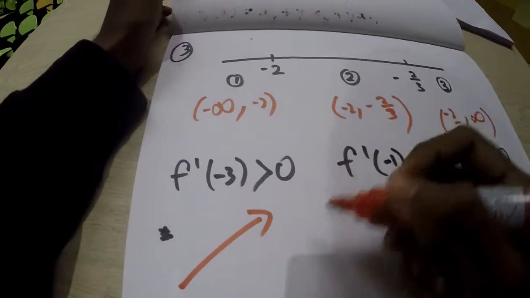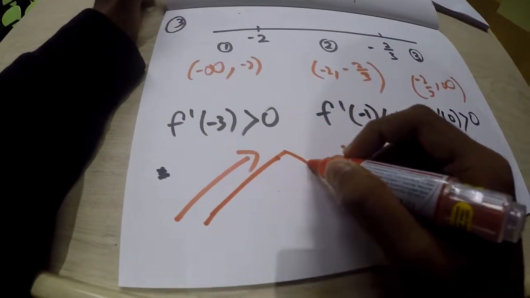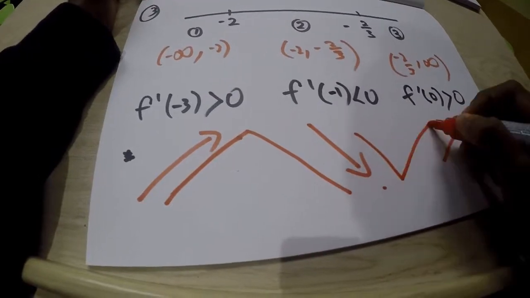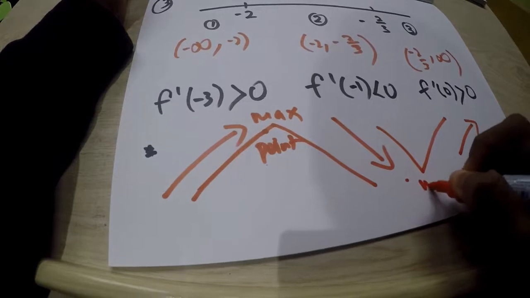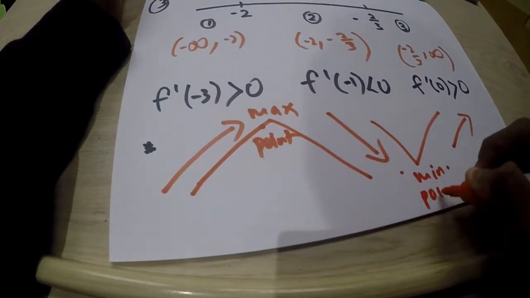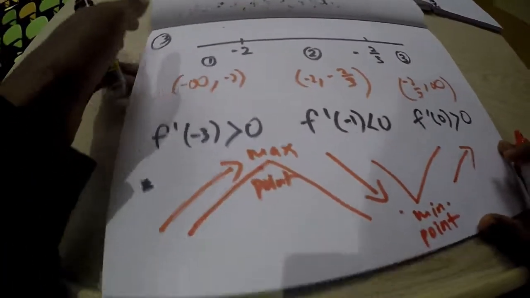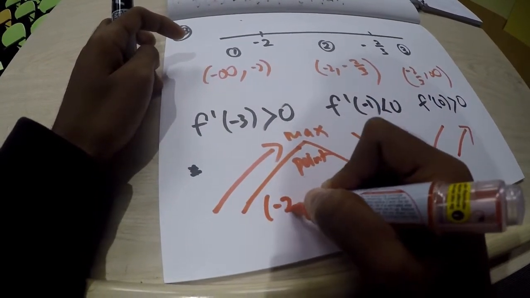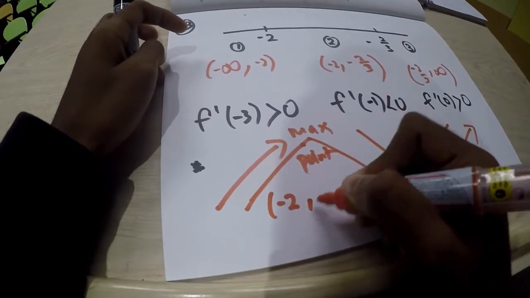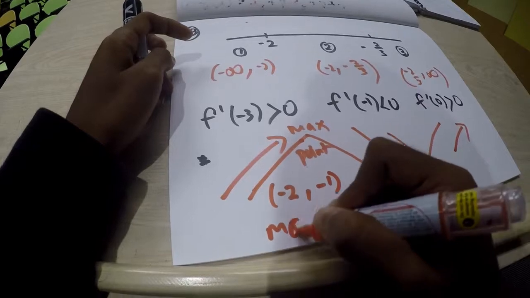So now we have seen a curve that goes from increasing to decreasing and from decreasing to increasing. So this is the maximum point and this is the minimum point. The critical point (-2, -1) goes from positive to negative, therefore it's a maximum point.